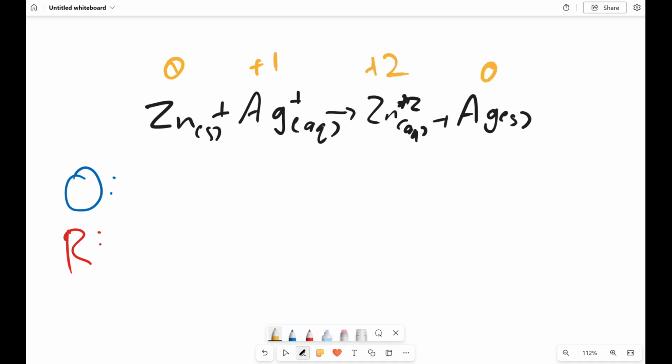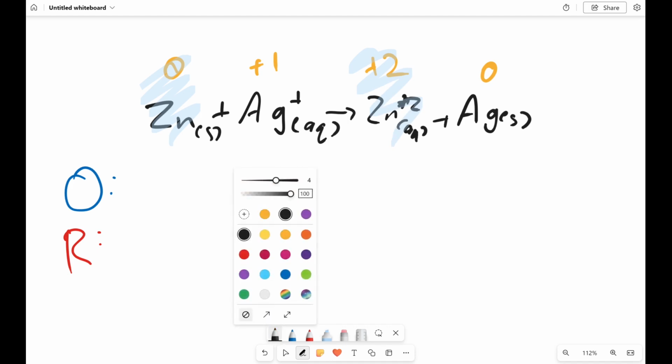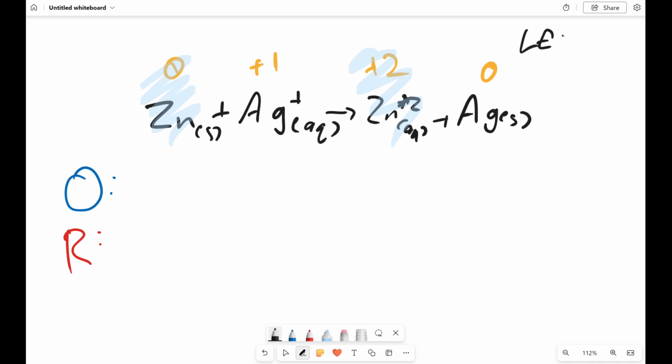Okay, so now let's figure out what's reducing and what's oxidizing. So zinc is going from 0 to +2, right? And I always like to have LEO-GER written just because I can look at it. So it's getting more positive, so it's losing electrons. So we know that zinc is being oxidized because it's losing electrons.